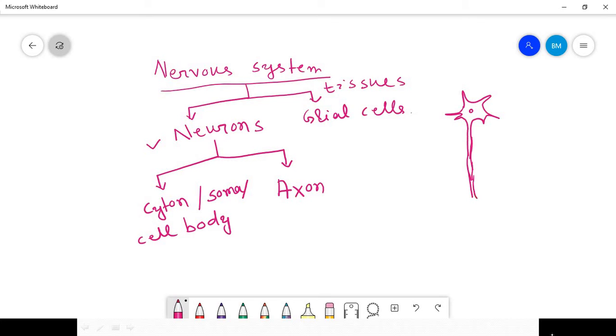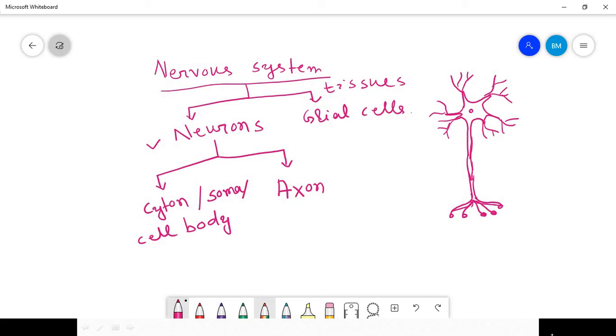At the end of the axon, it is divisible into many branches, that is called as axon terminals. Also, the cyton possesses many different branches. These branches are also known as the dendrites.